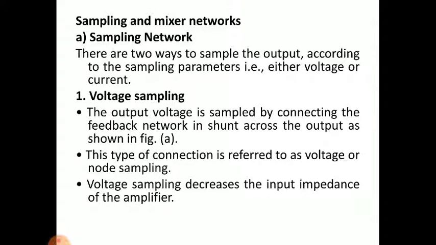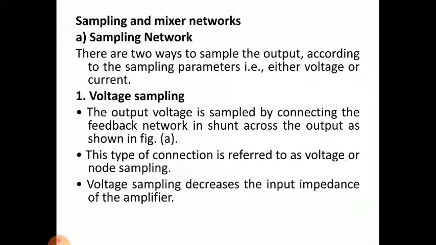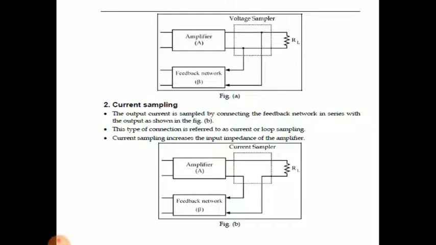Sampling is voltage sampling, also called voltage or node sampling. The output impedance, not the input impedance, decreases. In current sampling, current is sampled, it is connected in series, and the output impedance will increase.